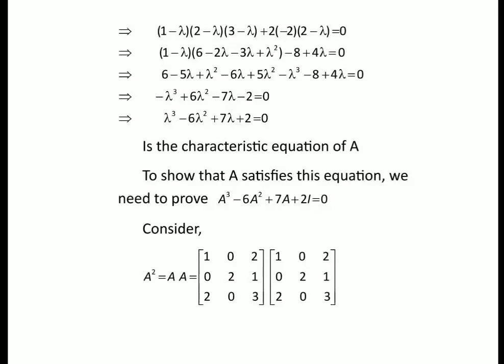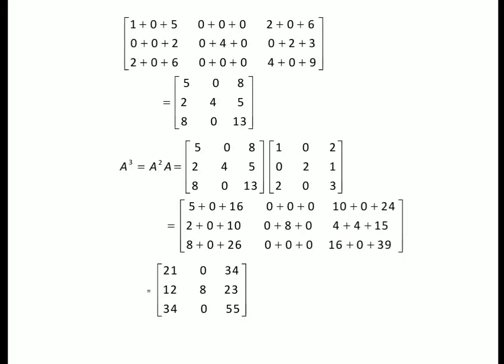Second row first column, second row second column, second row third column, and lastly third row first column, third row second column, and third row third column. You will get this product. We want A cube.